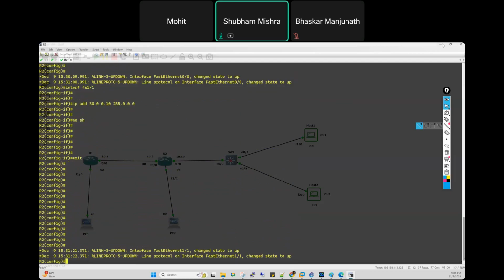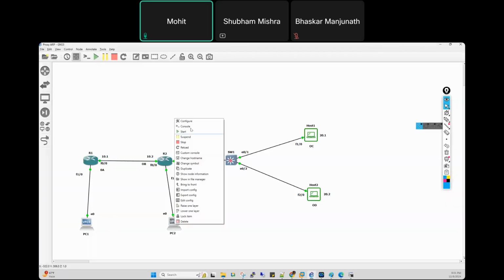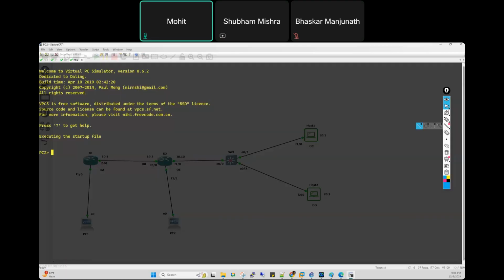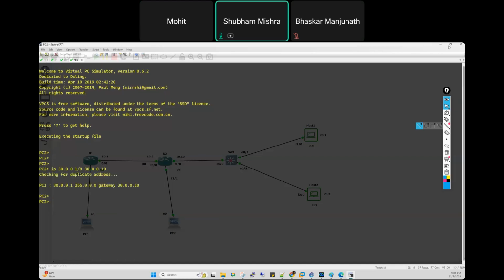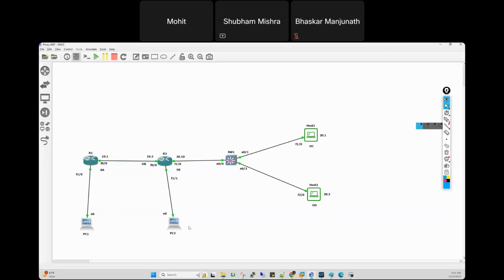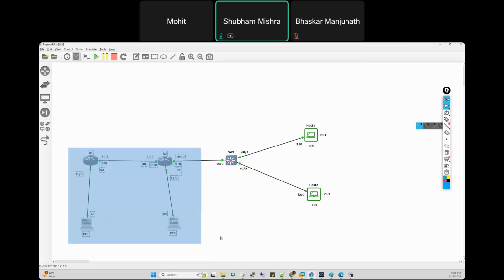Clear? Now come to PC number 2. On this PC, IP 30.0.0.1/8 and the gateway will be 30.0.0.10. Done? So guys, here we configured the IP addresses. I hope everyone now understands what I configured.